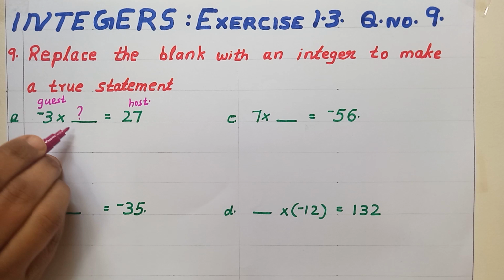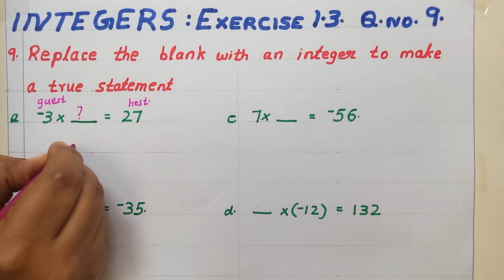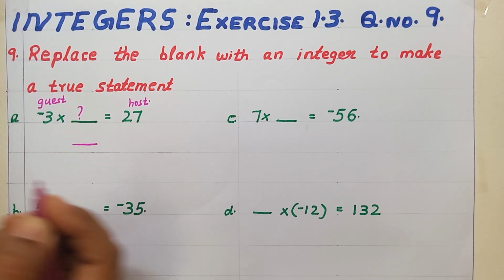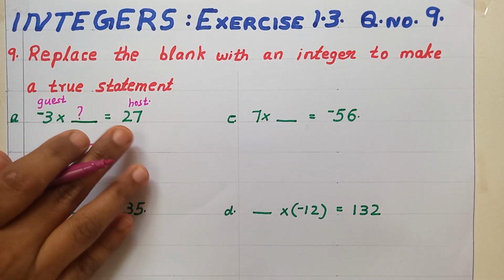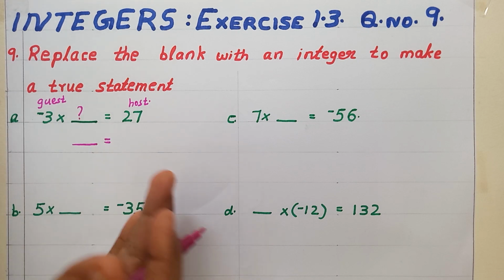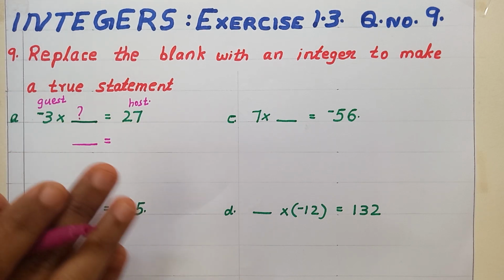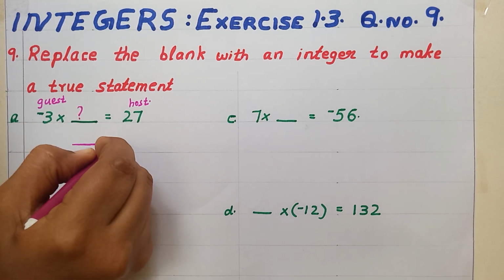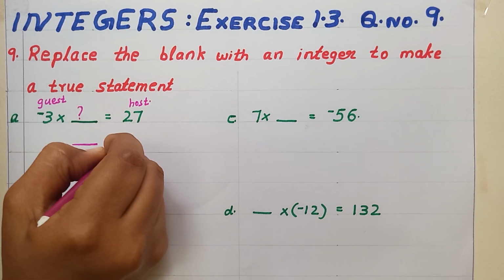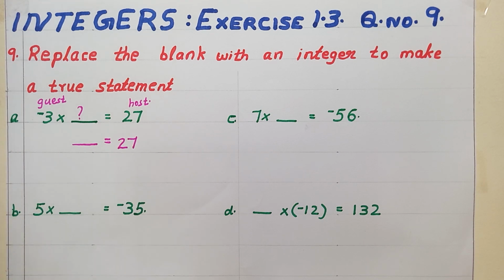To find out this blank, just keep this blank as it is and then put equal to sign. After that, whenever we are going to a house, the host will be there itself. So here 27 is our host. So just write down 27 as it is.